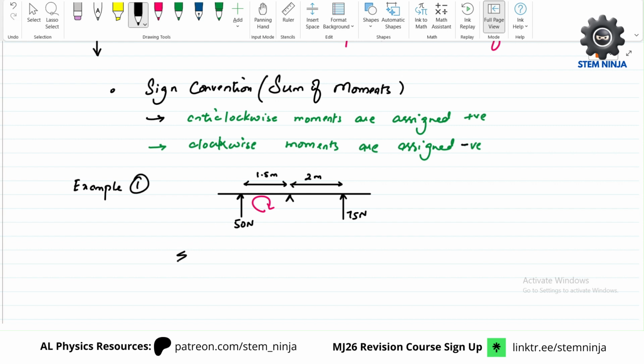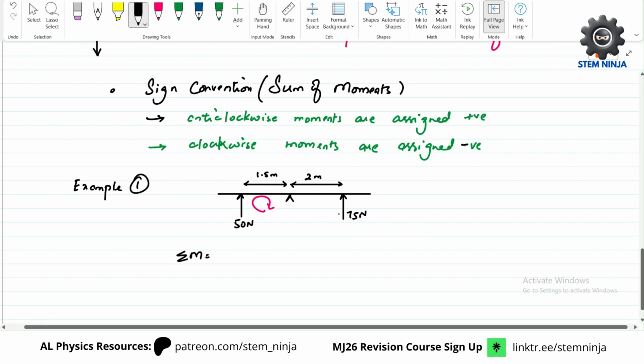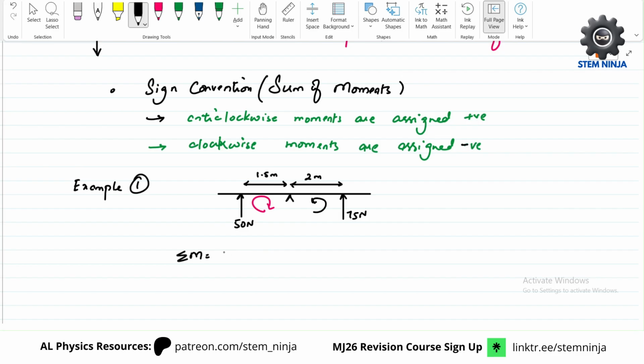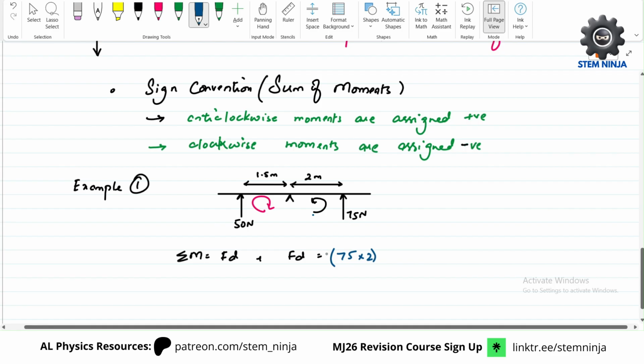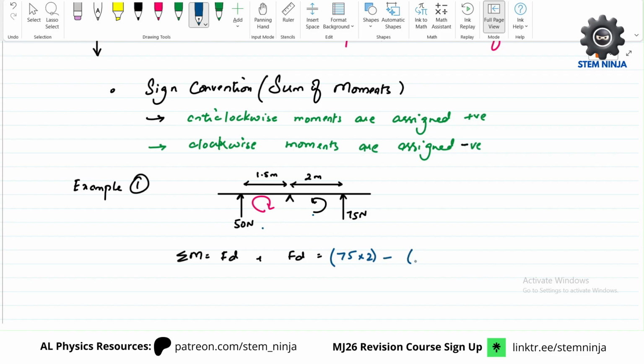So sum of moments, capital sigma: the anti-clockwise one would be force times distance, 75 times 2, which is positive, plus the negative clockwise one, 50 times 1.5.